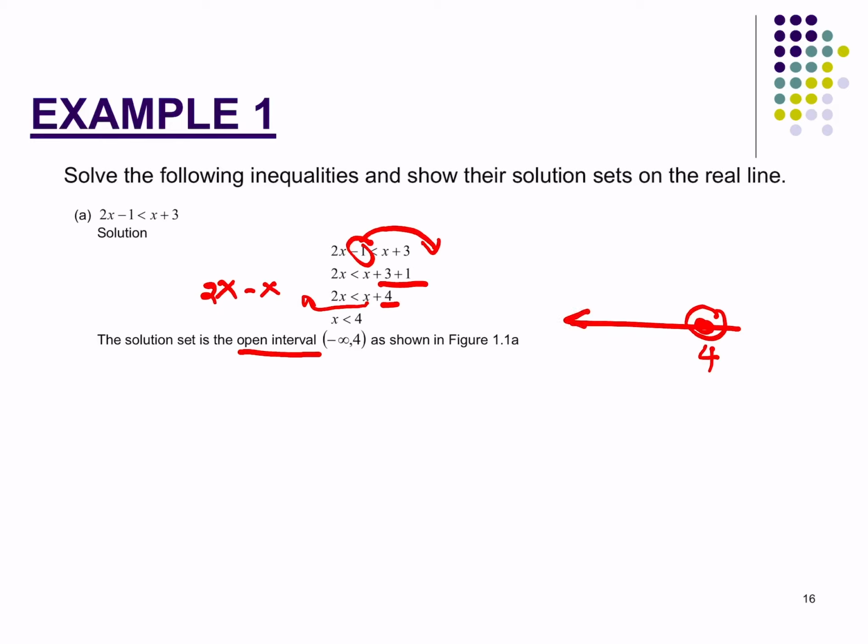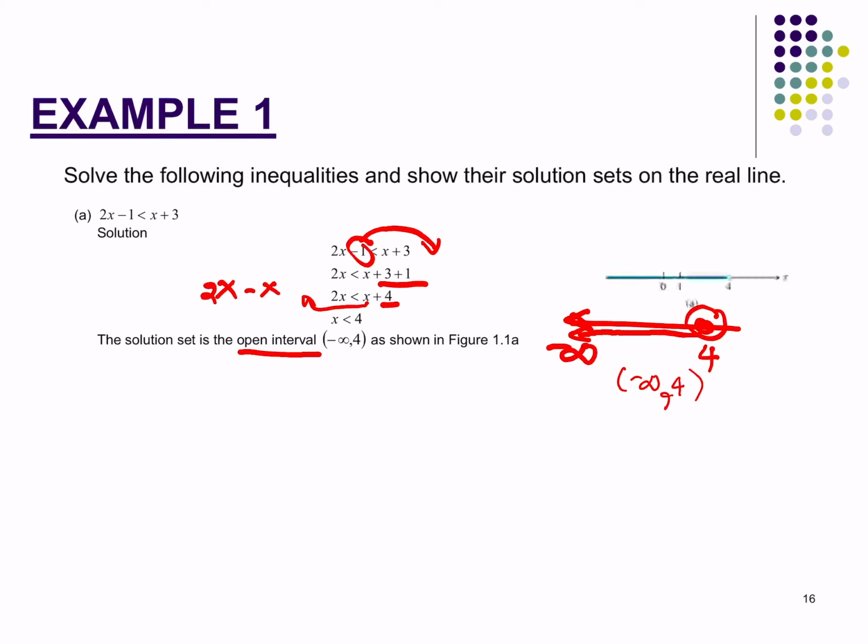Then x must be less than 4, so it must be this value, and then you have to draw the arrow toward the left-hand side, okay, which means toward negative infinity. Then negative infinity obviously is not included in the set, and neither is 4. So this is how you can write the notation of that solution, okay.